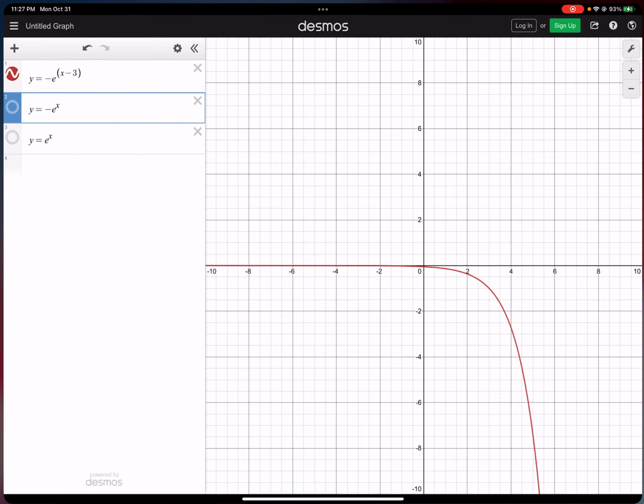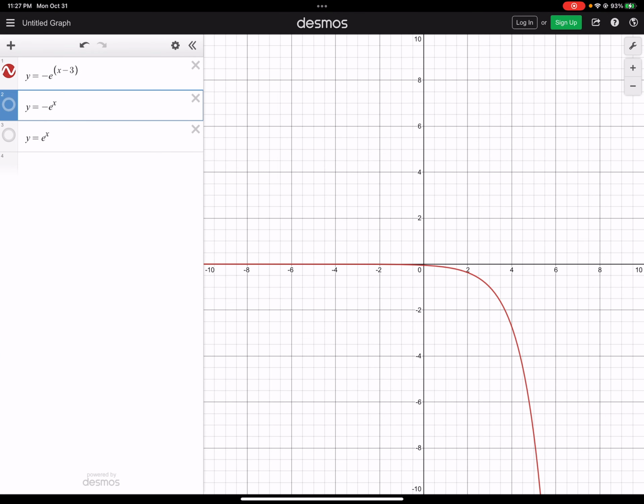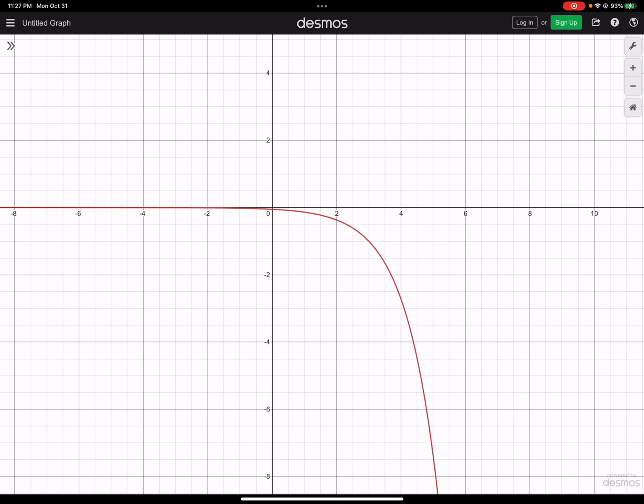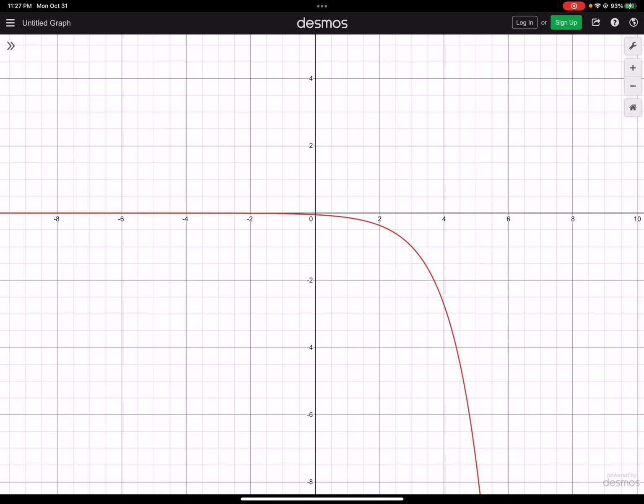So let's pull up Desmos. Here is what negative e to the x minus 3 looks like.